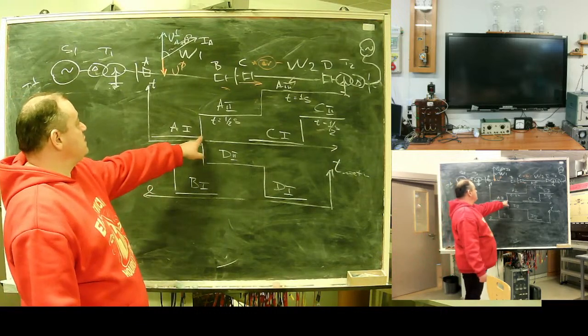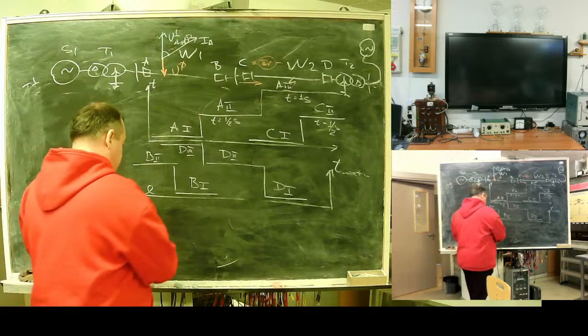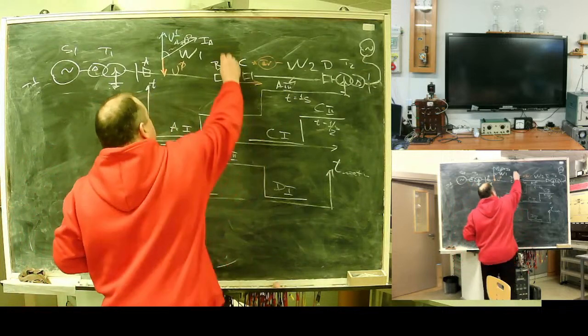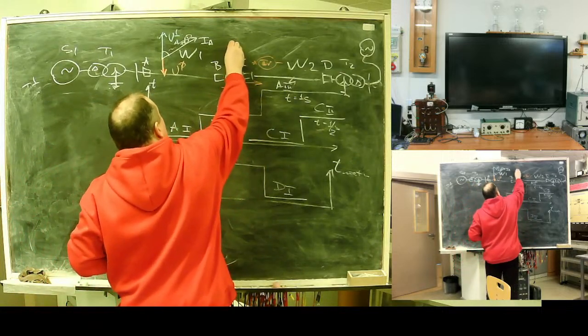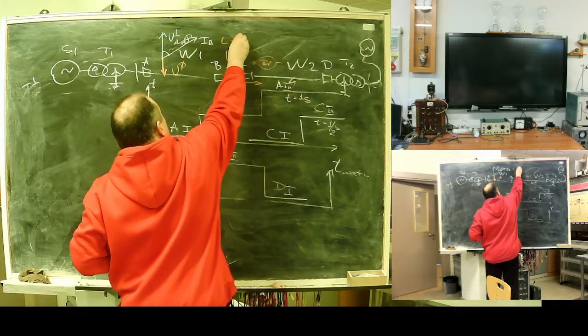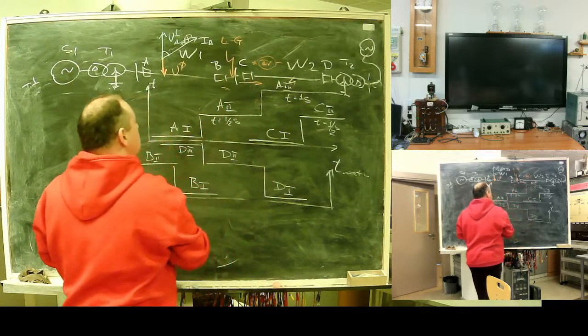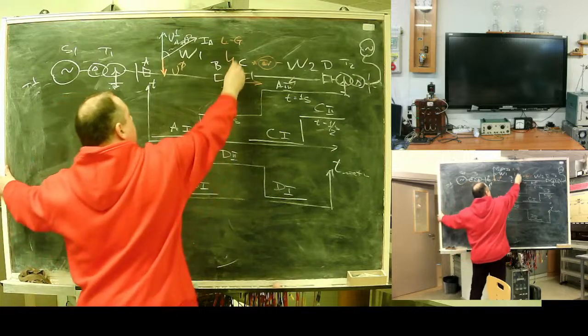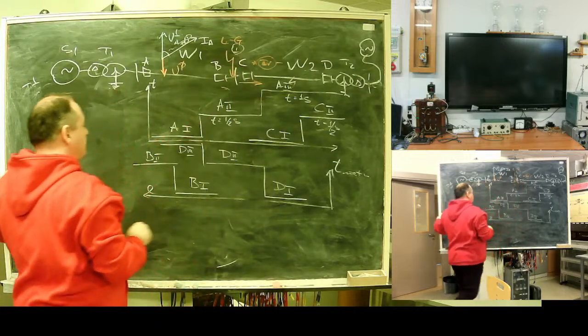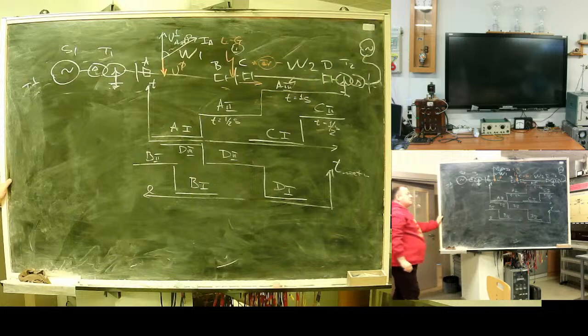For the first zone, earth fault at the end of the line marked external current. Trip current, right?